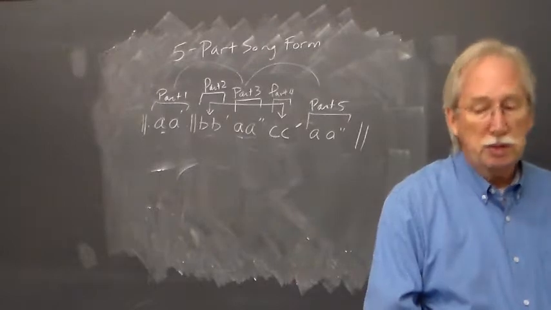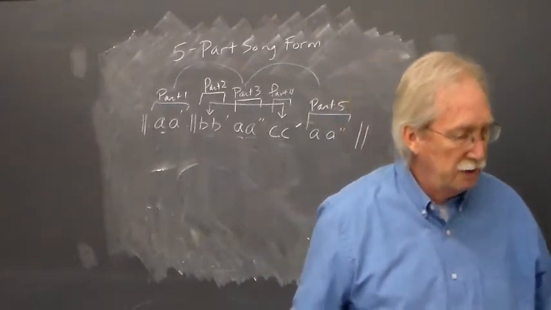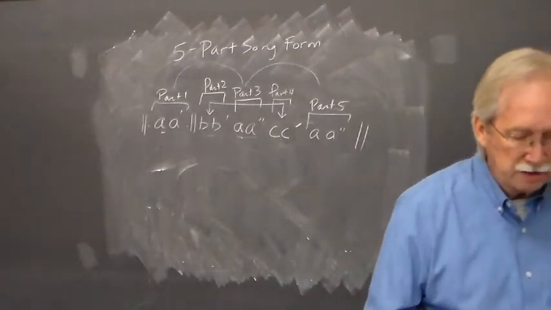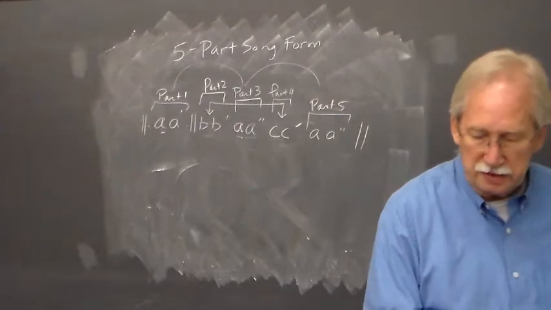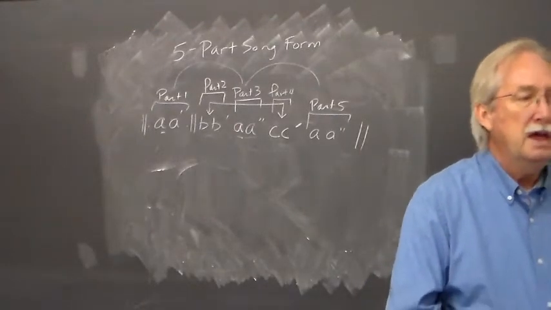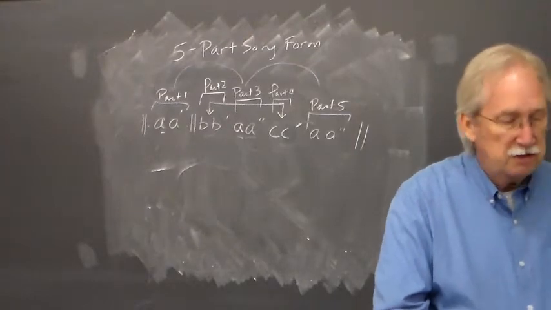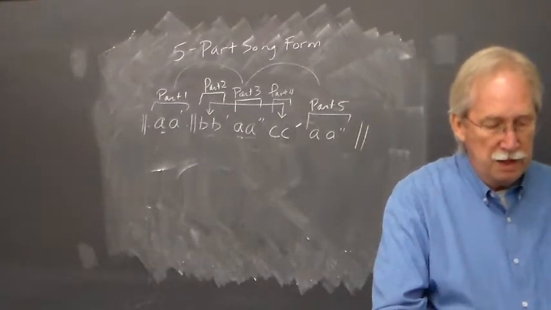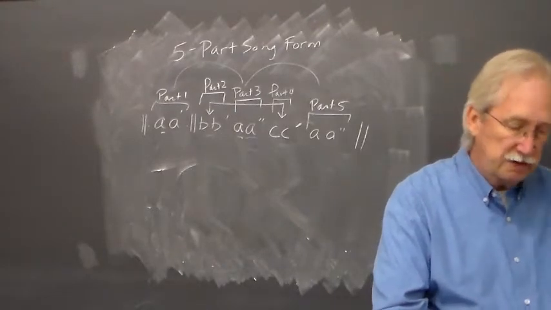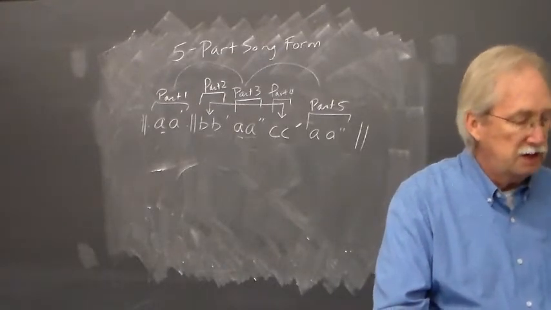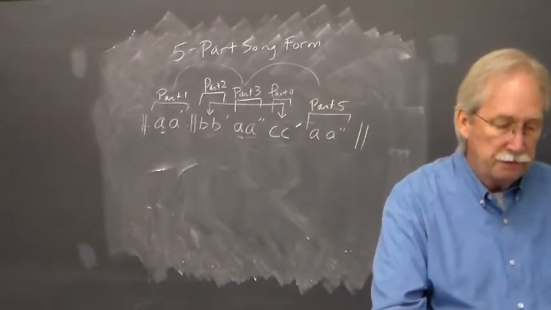All right, so what we're going to do now is to look at a couple of examples of 5-part song forms. So the first one is pretty straightforward, and it is one that is by Frédéric Chopin, and it is a mazurka, which is a Polish dance. They're triple meter, different types of mazurkas. This is one that's a very fast tempo.